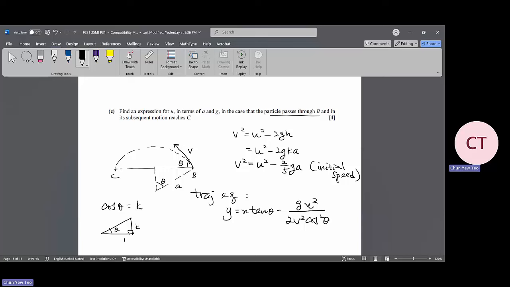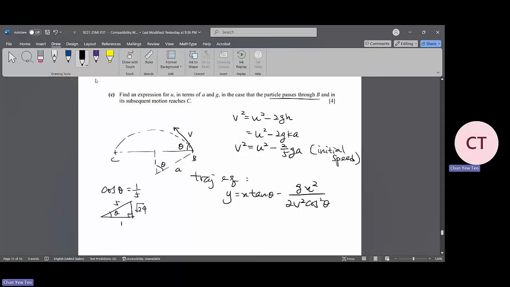And k is 1 over 5, so this is 1, this is 5, and this one will be square root of 24. Now we just need to apply them inside here and here.